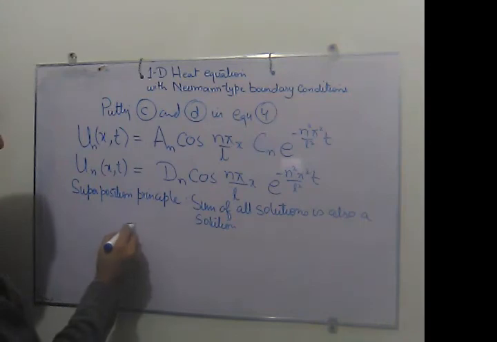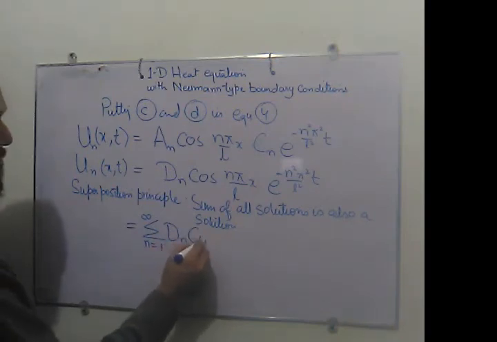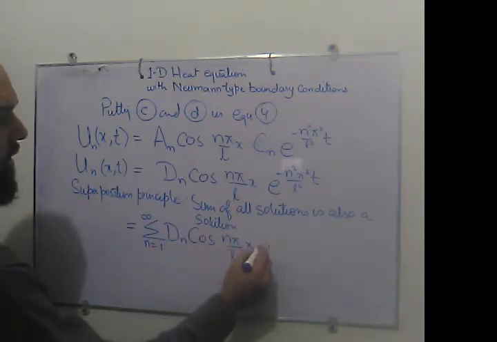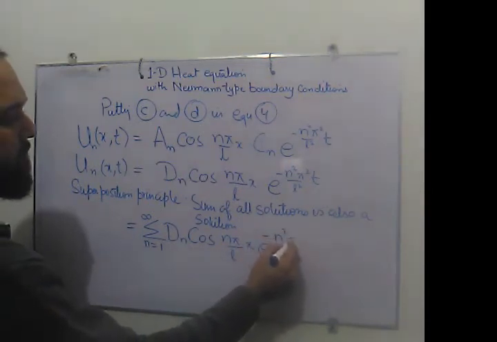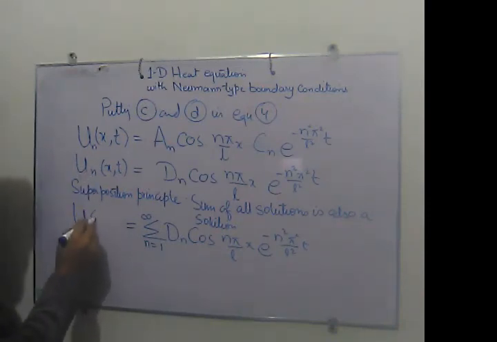We can sum all of them by putting the summation sign: sum from n is equal to 1 to infinity of d n cos n pi upon L x exponential minus n square pi square upon L square into t, and this now becomes the single solution. That's why we remove the subscript and write it like this.